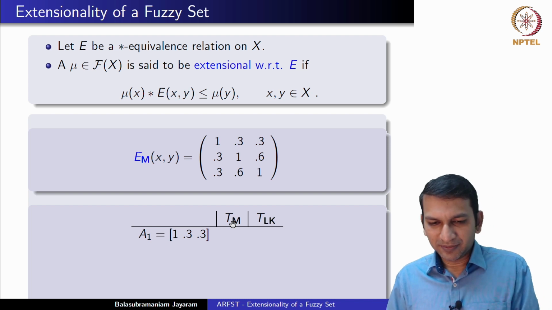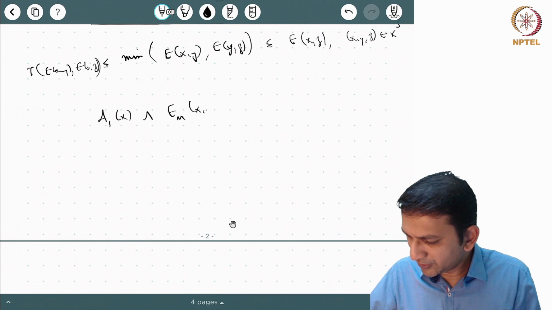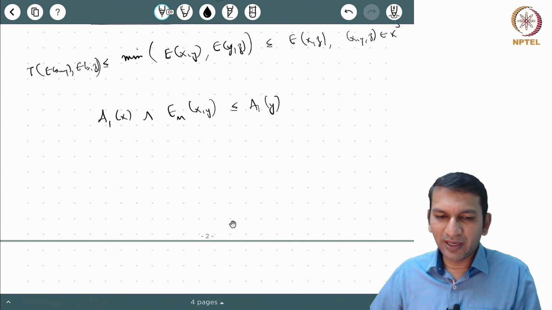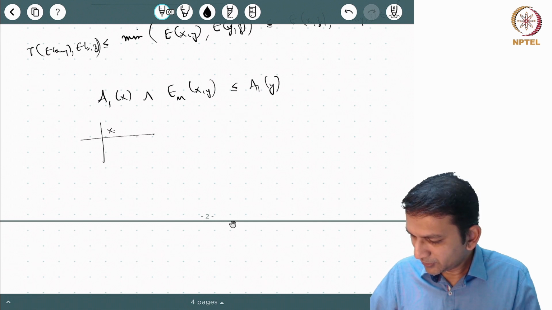So what does this mean? If A1 is given, we need to show A1 of x star, here the star is min, Em of xy should be less than or equal to A1 of y. And this should happen for every one of them. Now, what is A1? We have x to be x1, x2, x3.